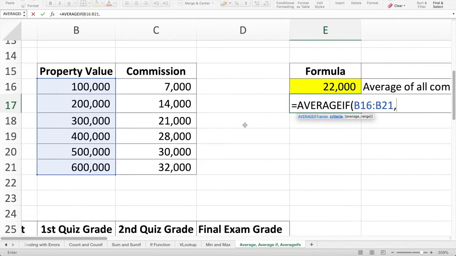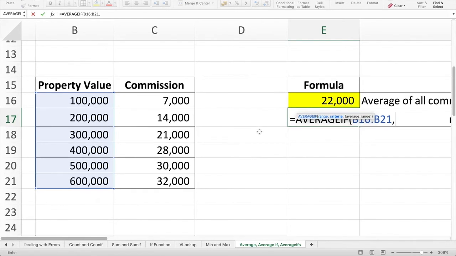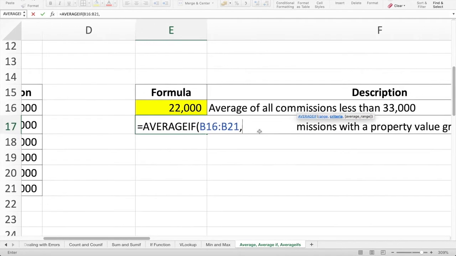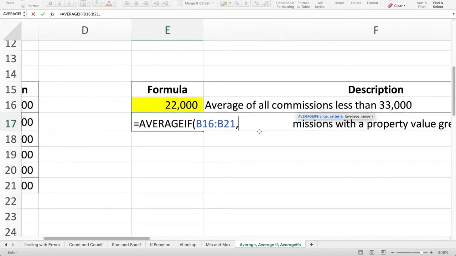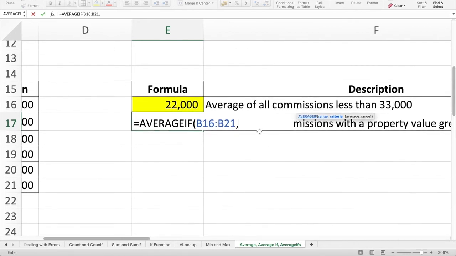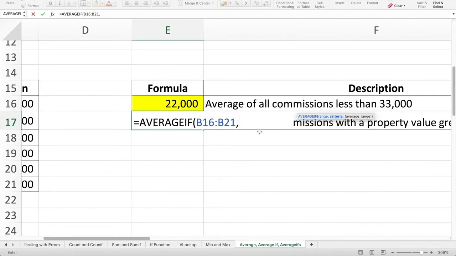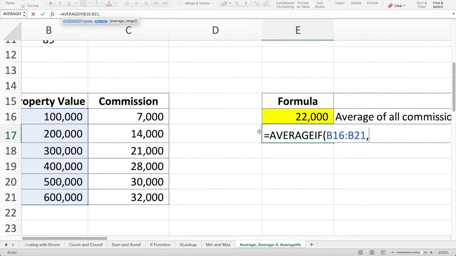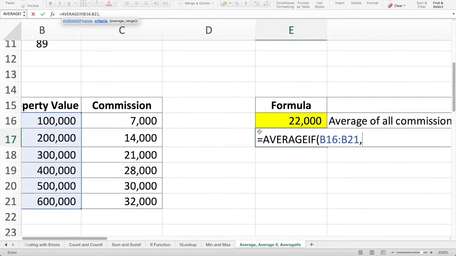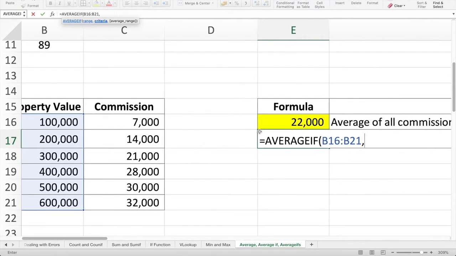The reason why we highlight first the property value because it is the description. The description says that our property value must be greater than 350, and those all property values greater than 350, their corresponding commissions must be averaged. That's why we are having first the property value. Okay, so we are having our formula backward.